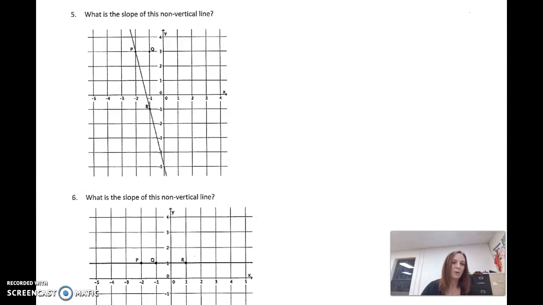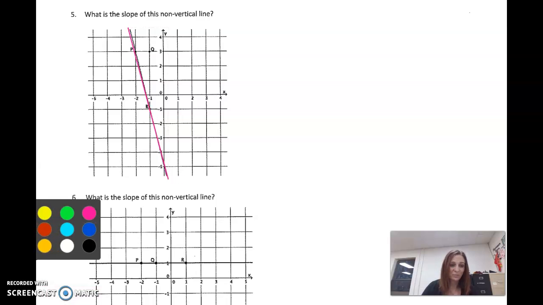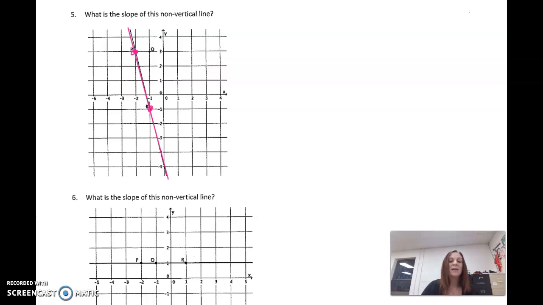All right, a couple more. Okay, again, this is going down from left to right. So I know they had a couple points already on here. So if we use those to go from left to right declining, we go down 1, 2, 3, 4, and I go over 1.